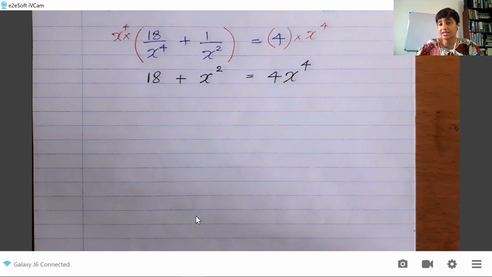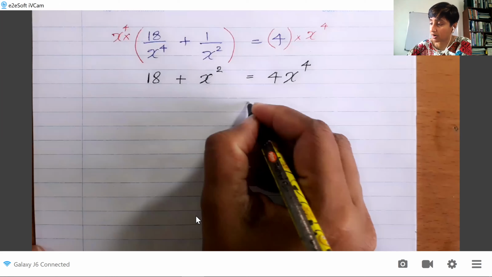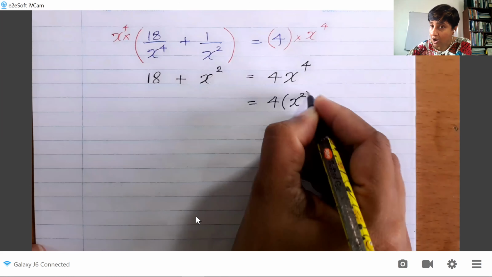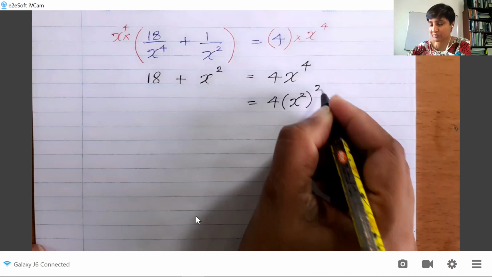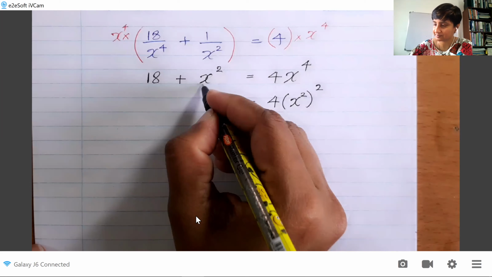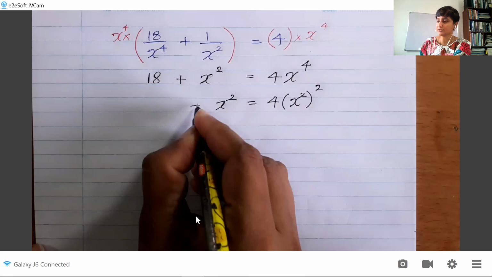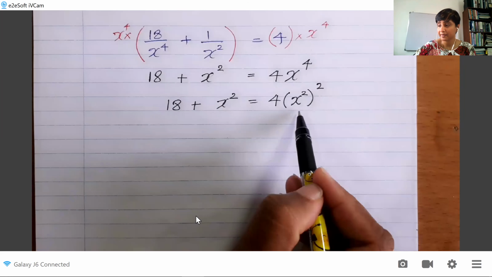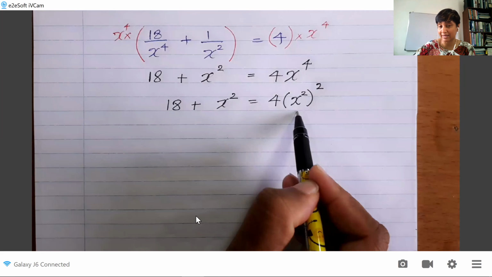Now you have to see there is an embedded quadratic here. It's a quadratic in disguise. How do you see that? If you can see that x to the power of 4 is in fact the square of x squared, the same thing here. You should see, this is the square of something I have, and then that same thing is here.